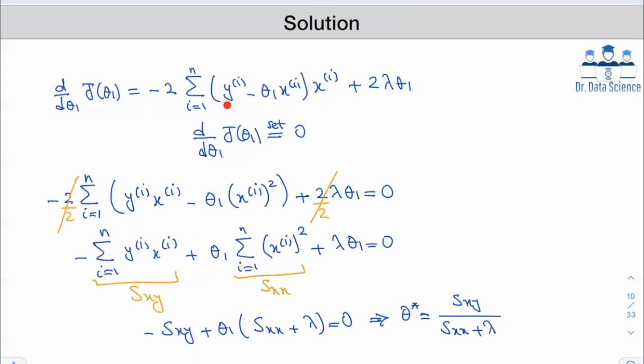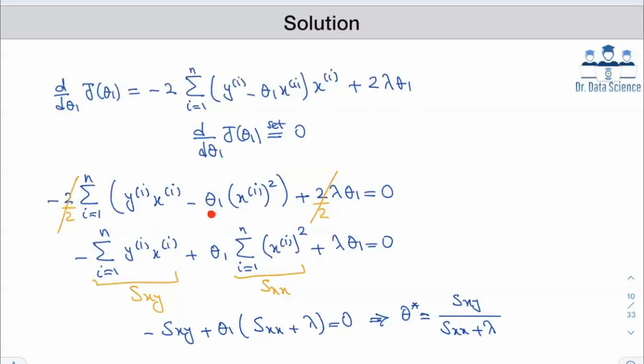I've done this multiplication, yi by xi, and then theta 1 xi by xi. So that's what we have here. And this gives us the summation of yi xi's plus, because remember, there's a negative sign here, negative sign by negative sign, we get plus theta 1, and then the summation of xi squared.